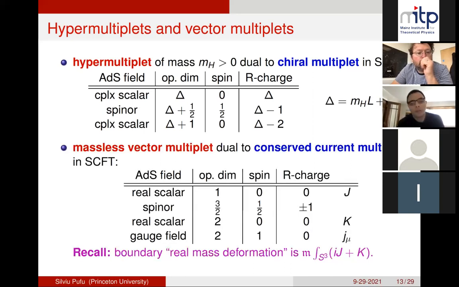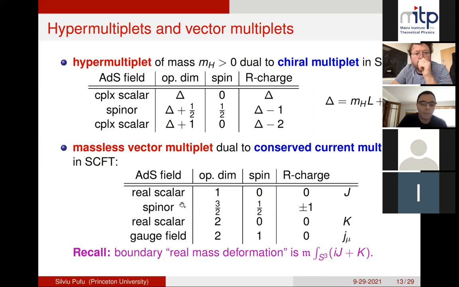Another multiplet that one can use in AdS is a massless vector multiplet, which is dual to a conserved current multiplet in the boundary theory. The conserved current multiplet in the 3D N equals 2 superconformal field theory, we've discussed that before. It contains the 2 real scalar operators J and K and the conserved current J mu.